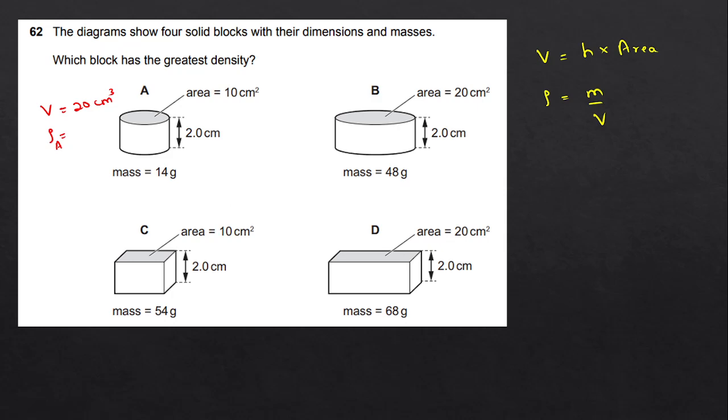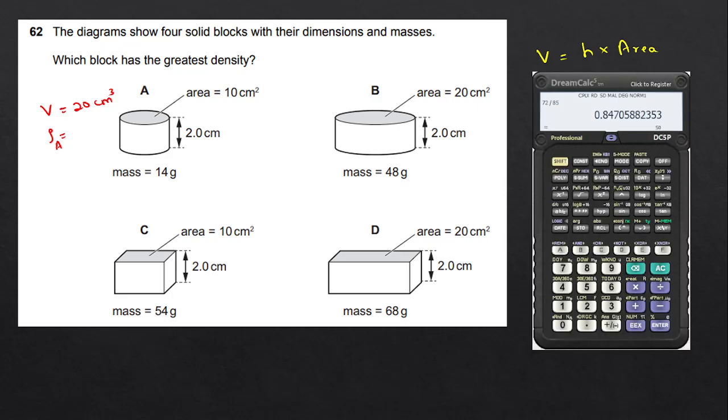For this we'll use our calculator. So this will be 0.7. So density of object A is 0.7 gram per cm cube.